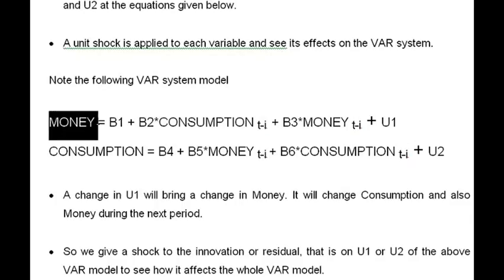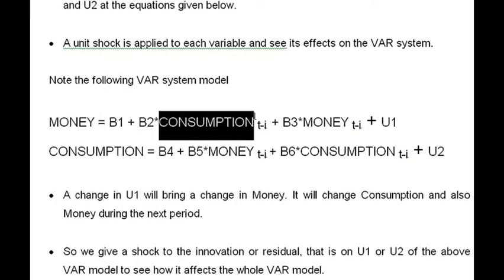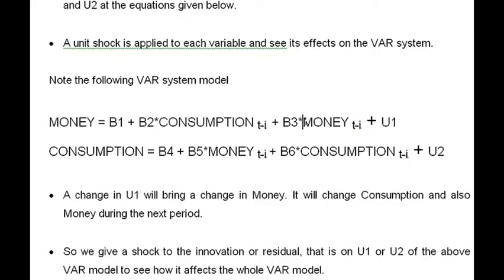Here you can see for the first one, money is the dependent variable, and consumption with lag t minus 1 is an independent variable, and money with lag t minus i is also an independent variable. Lag t minus i means lag period, so those lag periods we shall be using in this particular VAR model.